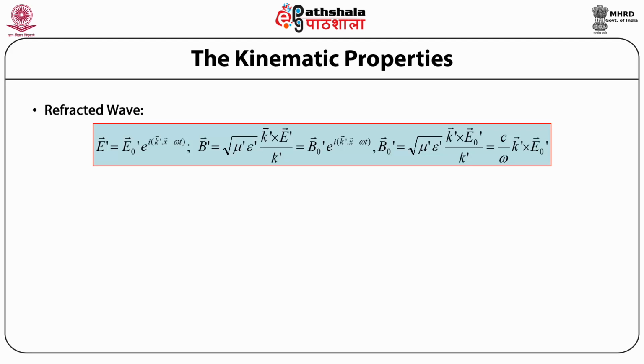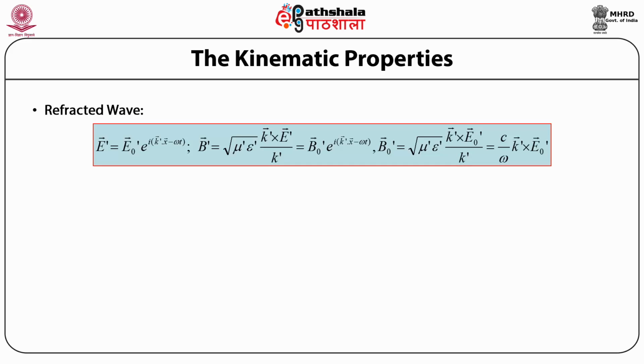And this is equal to the amplitude of the magnetic field induction vector B naught prime times exponential to the power iota times bracket open wave vector k prime dot x, that is the position vector x, minus omega times time t bracket close, where the amplitude of the magnetic field induction vector B naught prime is equal to under root of mu prime times epsilon prime whole times the wave vector k prime cross product with the amplitude of the electric field vector E naught prime upon the wave number k prime.